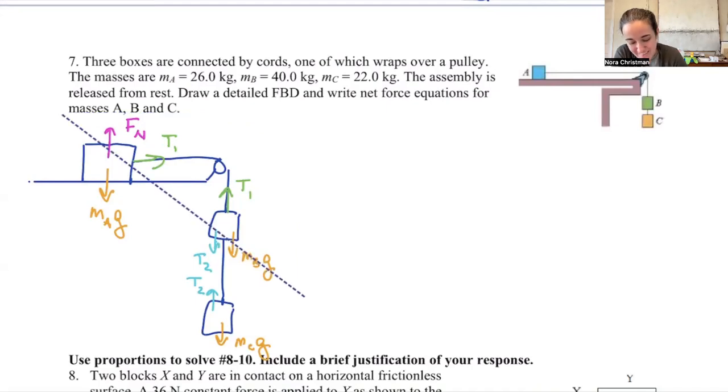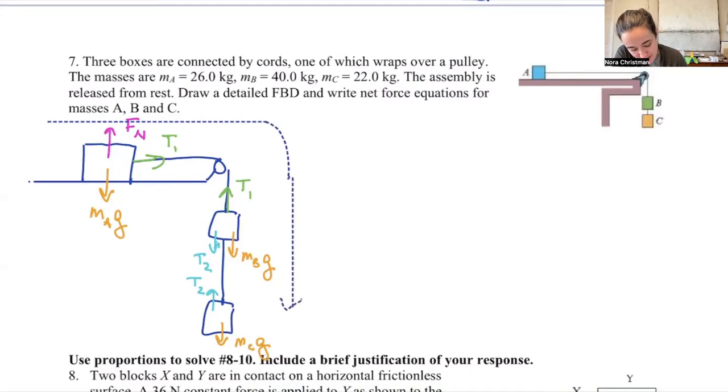I was curious what it would do. Not like that. Like this. And so we'll use that dotted line essentially as the axis.